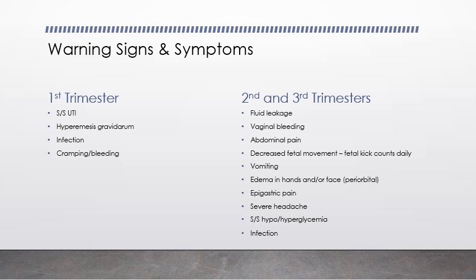In the second and third trimesters, we want to tell them that they should call the provider if they think their water broke, or if they're having bleeding, abdominal pain, if they don't feel their baby move as much as they're used to, and we can teach them to do daily fetal kick counts.